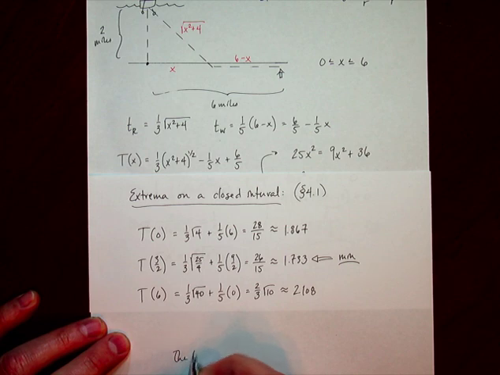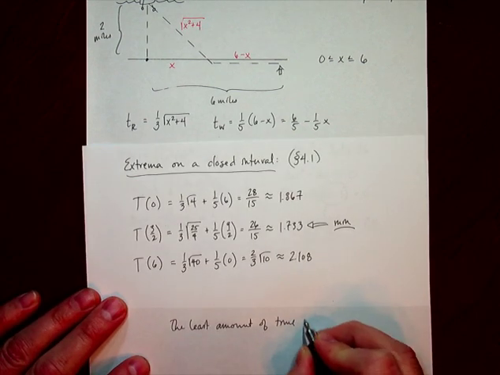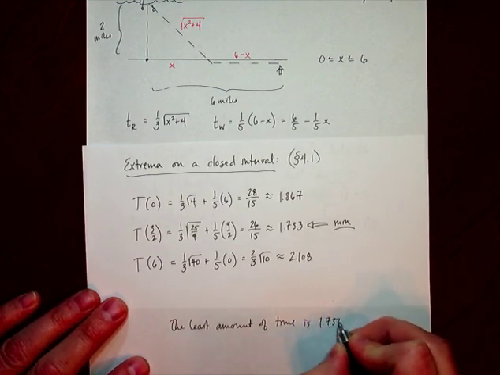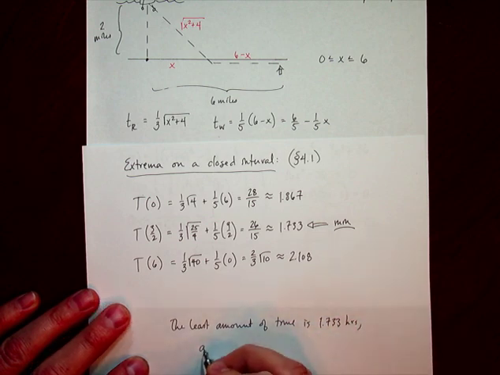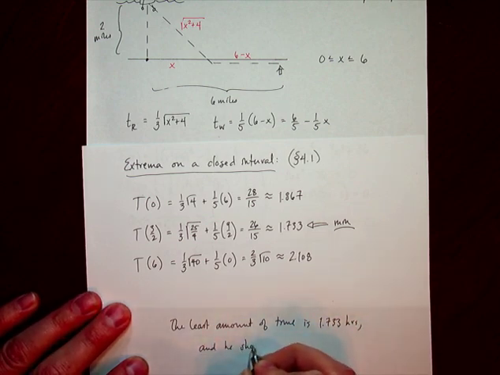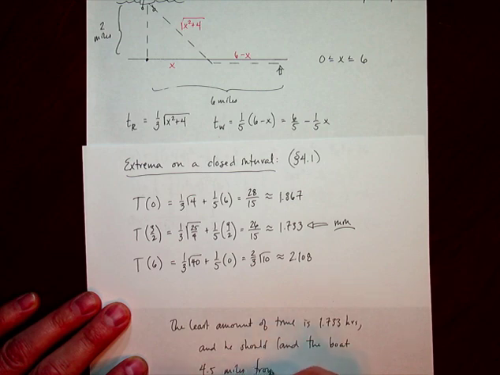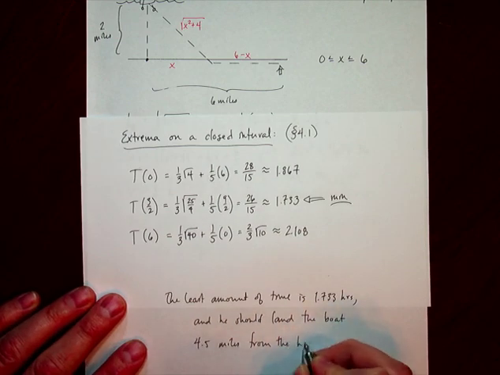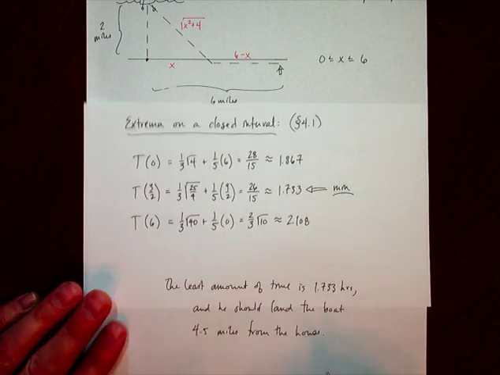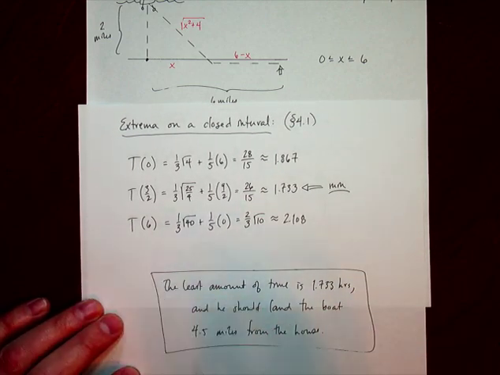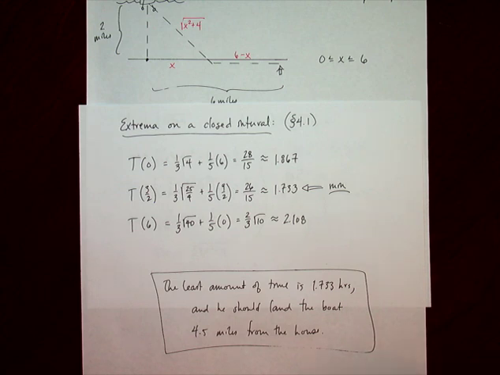Basically, the least amount of time is 1.733 hours, and he should land the boat 4.5 miles from the house. And asked in sentence form, answered in sentence form, and there we go.